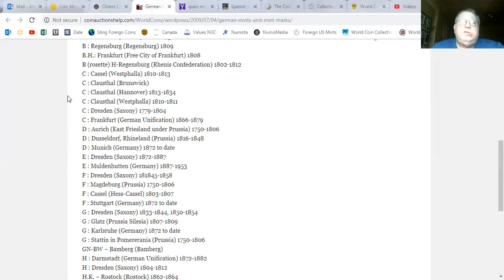Well, it's no different with these foreign coins. Let's say you look up these Germany coins, and you want to know what that C stands for. Well, apparently they don't do C anymore. You got E that goes up to 1953.